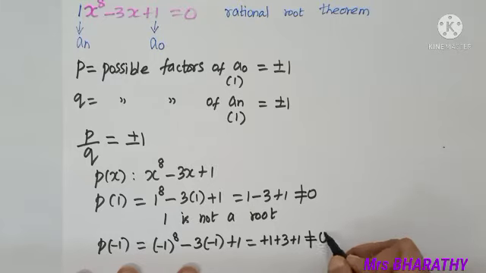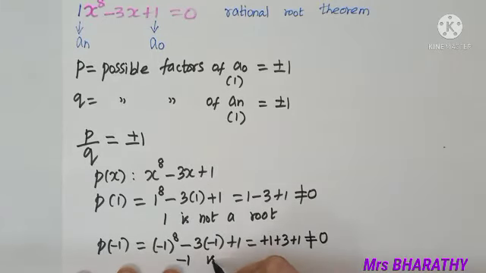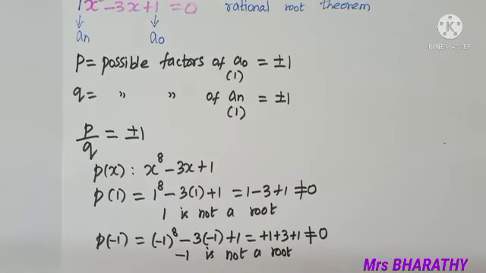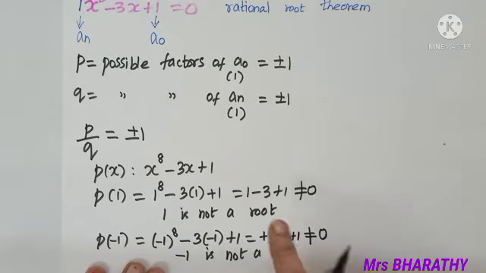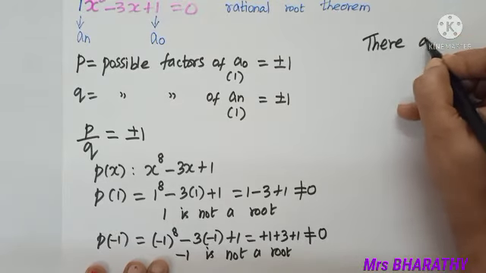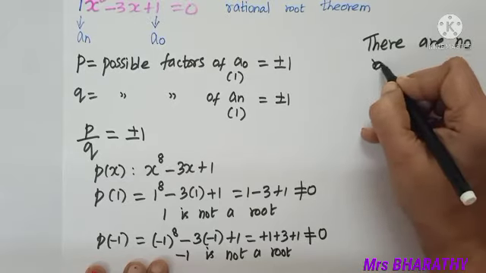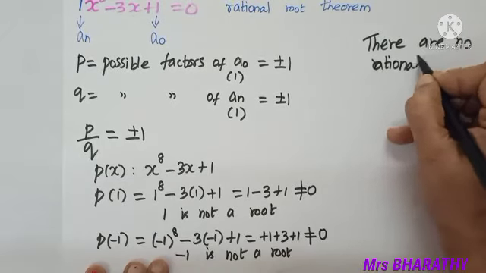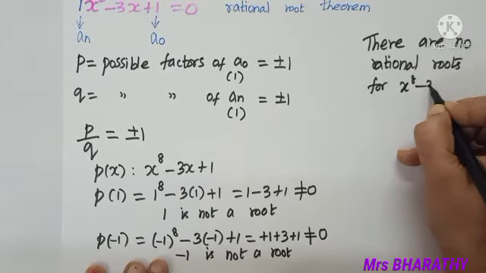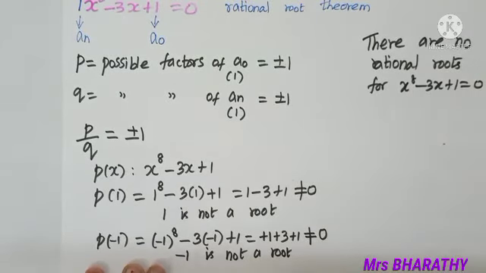This is also not equal to 0. So I will declare minus 1 is not a root. So we had only two options, plus 1 or minus 1, and I am able to verify both are not roots. So we will declare there are no rational roots for this particular equation. And that completes our answer.